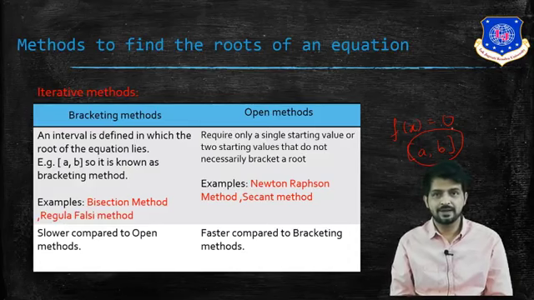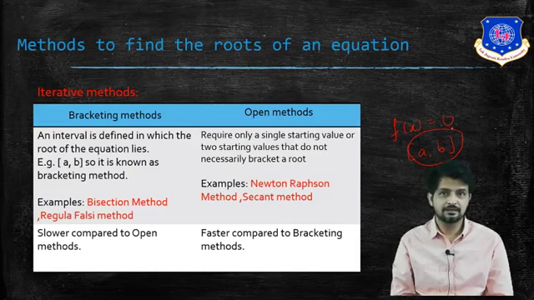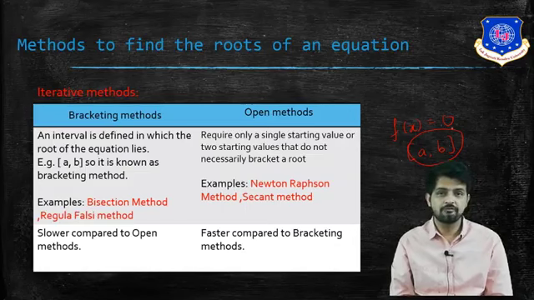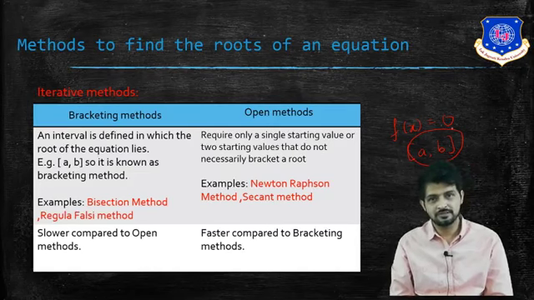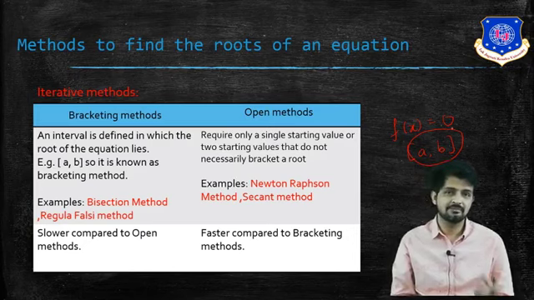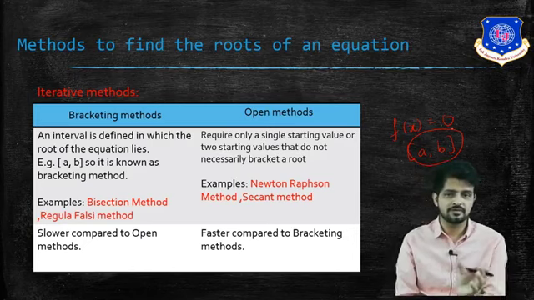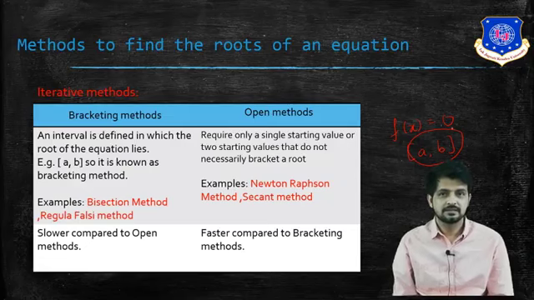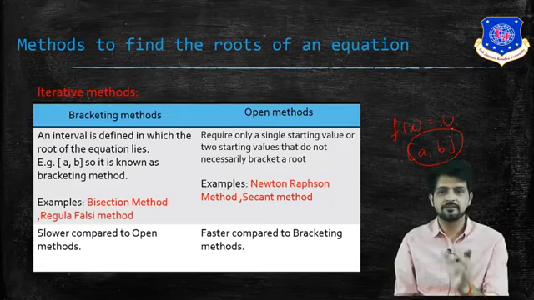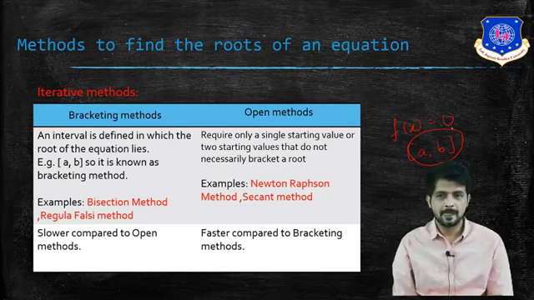Some examples of bracketing methods that we are going to study in this chapter are bisection method and regula falsi method, while two methods are open methods, like Newton-Raphson method and secant method. So basically 4 methods we have to study in this chapter: bisection method, regula falsi method, Newton-Raphson method and secant method. You can easily tell whether the given methods are bracketing or open with the help of this classification or difference. Okay.